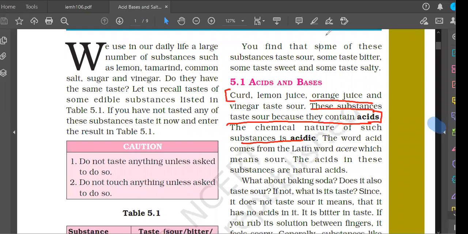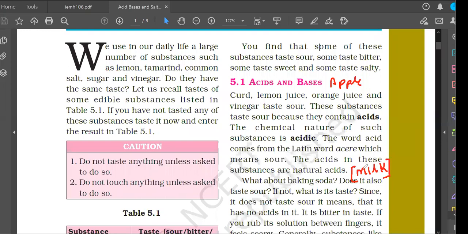Okay. Now what about apple? Milk? Do you think milk has some acid? Because it's not sour, right? That's the thing.